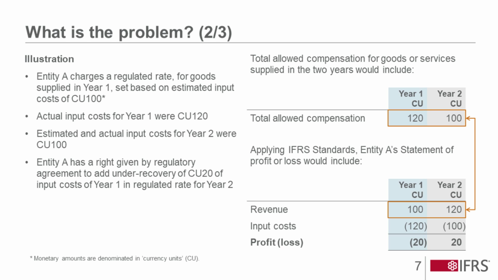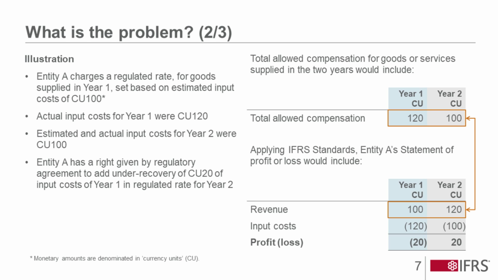Let's also assume that the regulatory agreement gives the entity the right to add the under-recovery of 20 of those input costs in the rates to be charged to customers in year 2. Applying IFRS Accounting Standards, for year 1, the entity recognizes revenue of 100 and the actual input cost of 120.